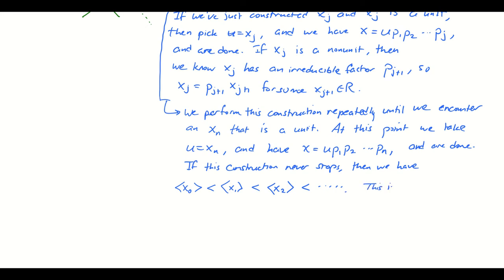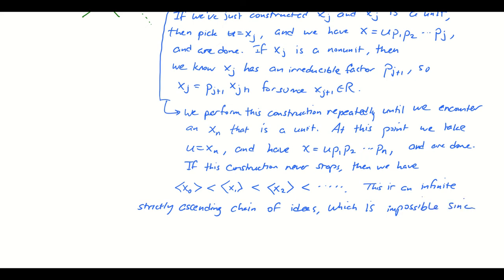This is an infinite, strictly ascending chain of ideals, which is impossible since R is Noetherian.